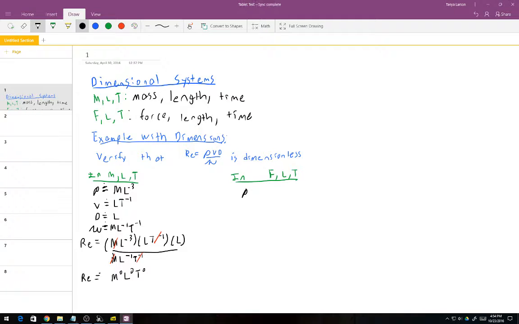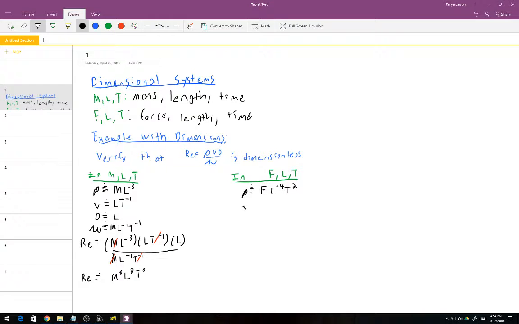So in FLT, rho will be dimensionally equivalent to, instead of looking at this in terms of mass, I can also look at this in terms of force. If you work through it, you'll find that it is dimensionally equivalent to F L to the negative 4 T squared.